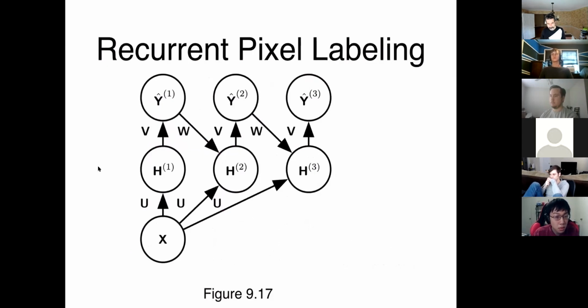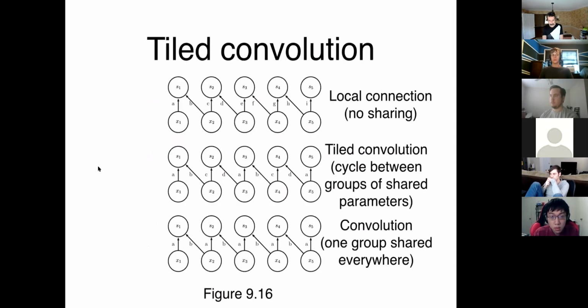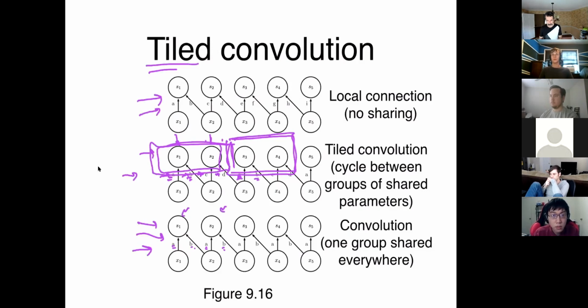Yeah, let's stop here because I think that was everything you needed to know about convolutional neural networks.